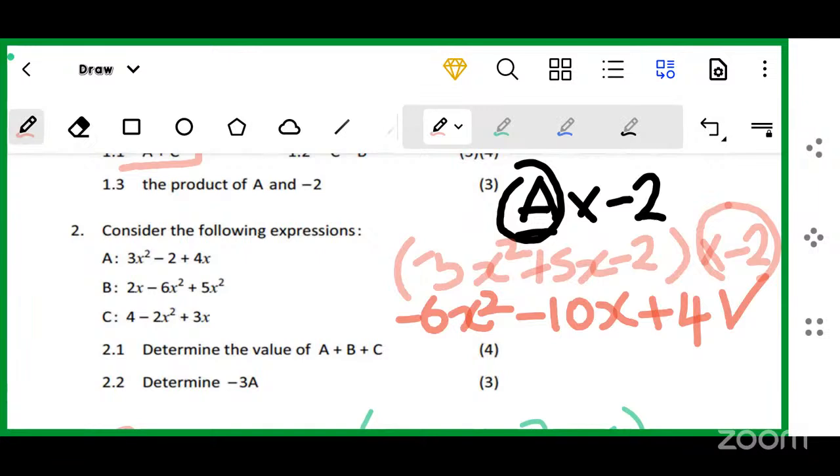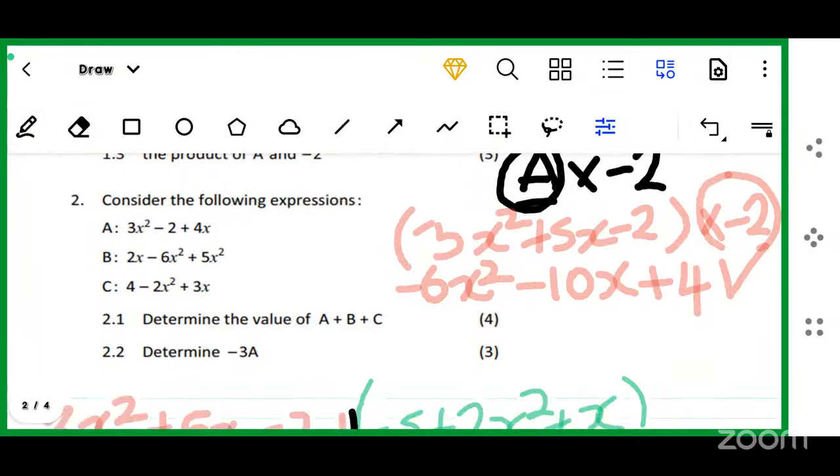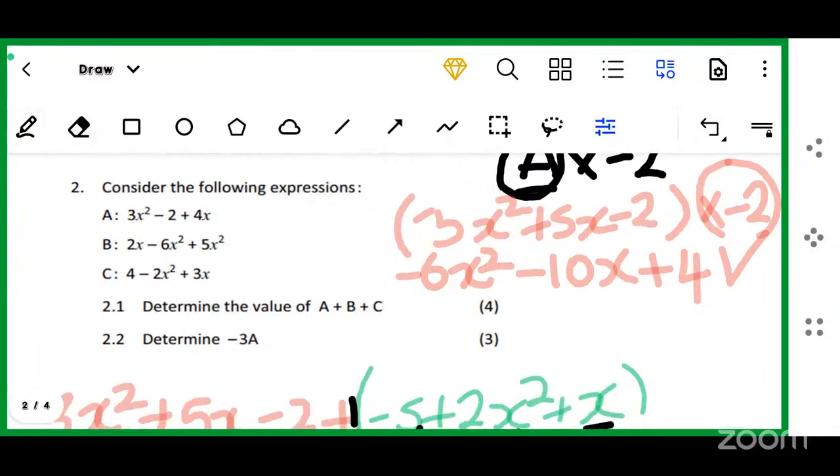We are no longer using the A's that were given, right? A being 3x squared minus 2 plus 4x. B being 2x minus 6x squared plus 5x squared. And we also have the third one, which is 4 minus 2x squared plus 3x. Now determine the value of A plus B plus C.